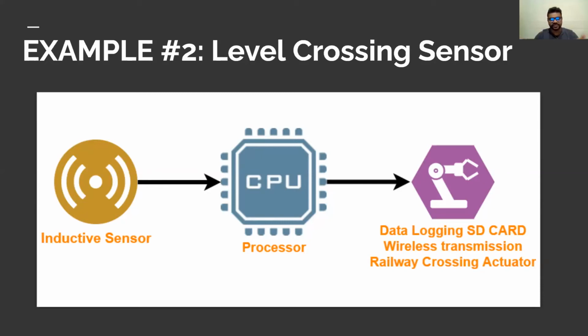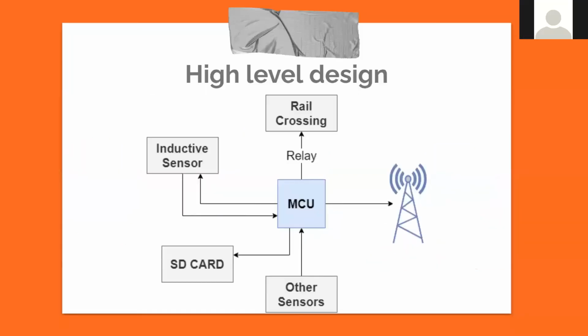If there's any issue, it would just flag, and then we have separate circuits which are independent of the processor, which can handle those cases. Basically, it will close the gates and send signals to whoever is maintaining that sensor.